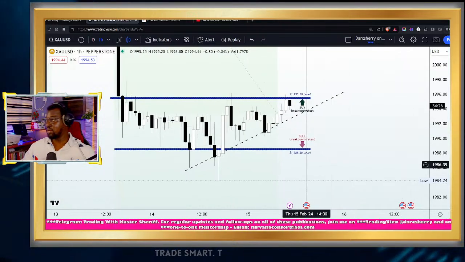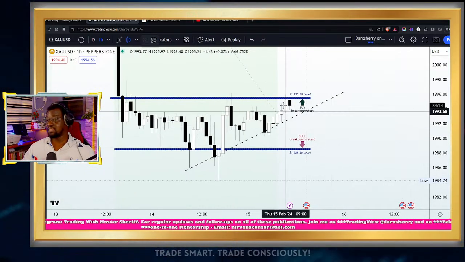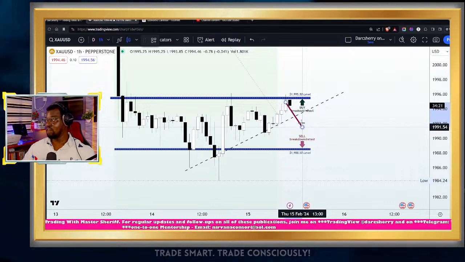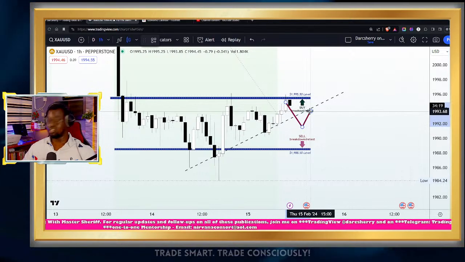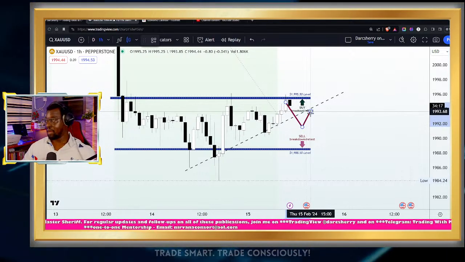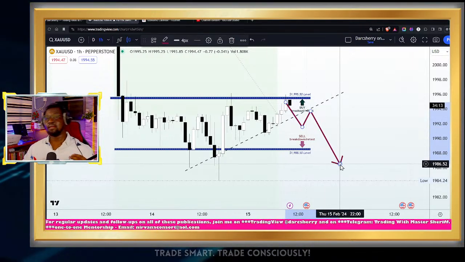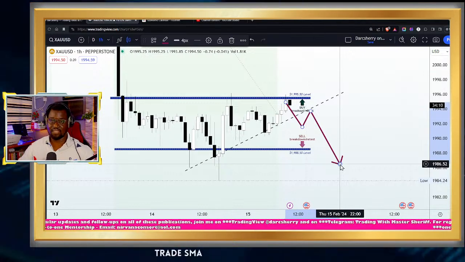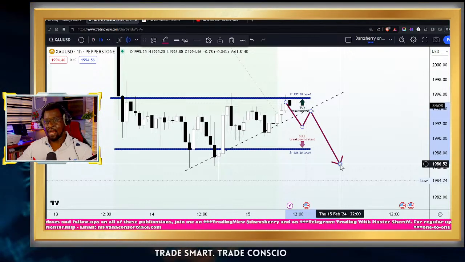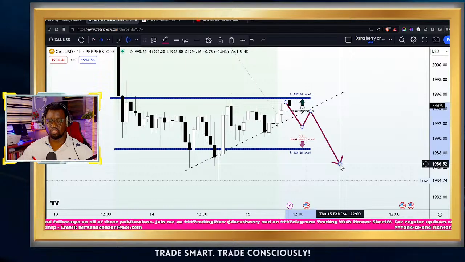And what I would like to see here is a confirmation in the form of a retest of that ascending trend line before I join the bearish move, and then with a sell stop order below the $1,988.50 level, we will be adding more sell positions to our existing trade to maximize the potential of that bearish move.